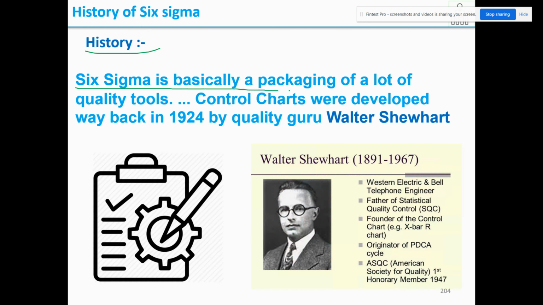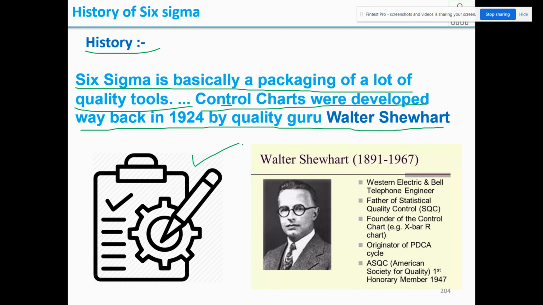Six Sigma is basically a packaging of a lot of quality tools. Control charts were developed way back in 1924 by quality guru Walter Shewhart. So there are a lot of quality tools and control charts that we can use in Six Sigma, which help us to find out the root cause.